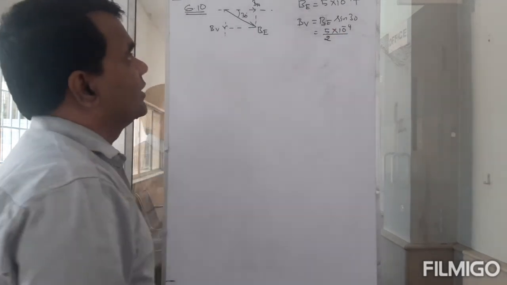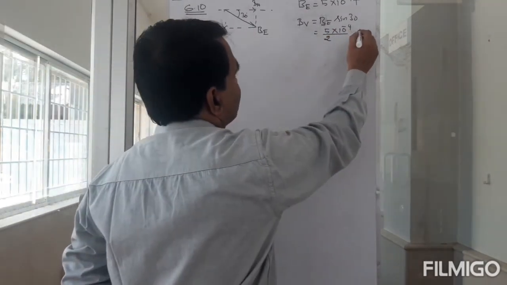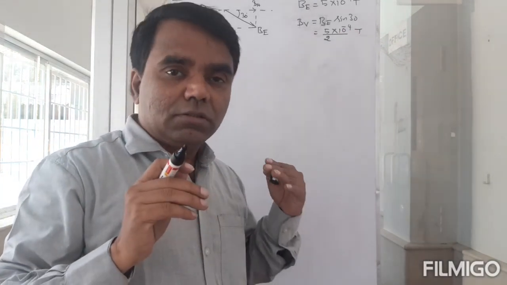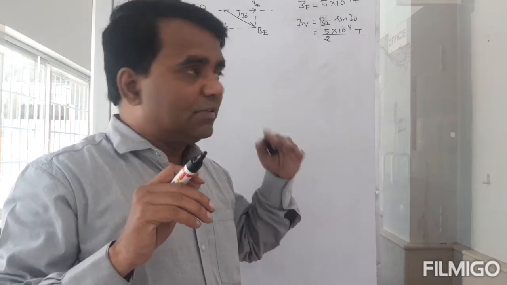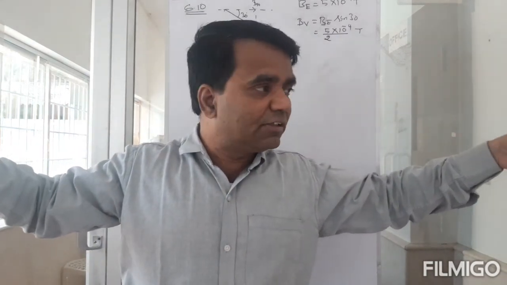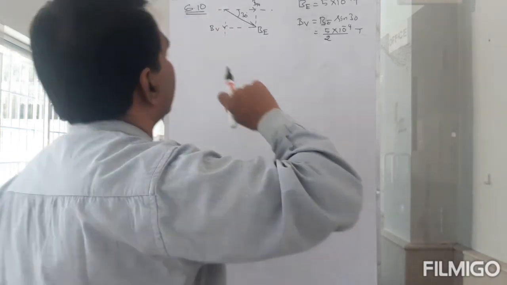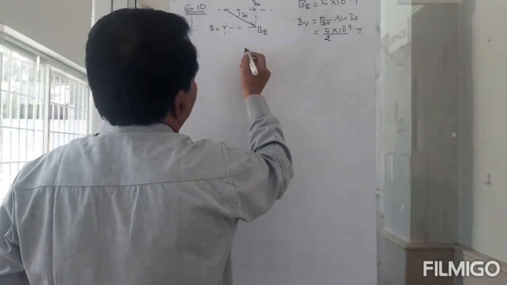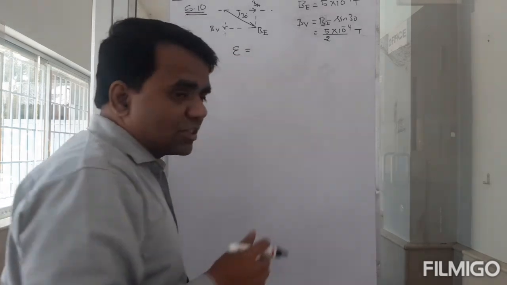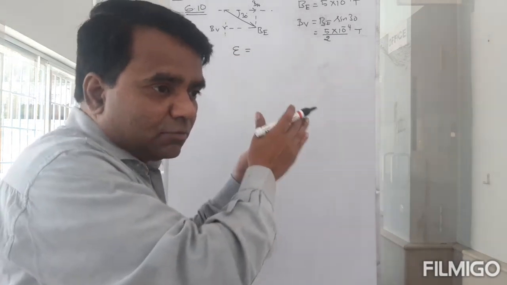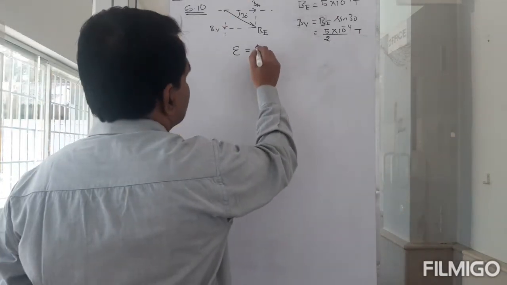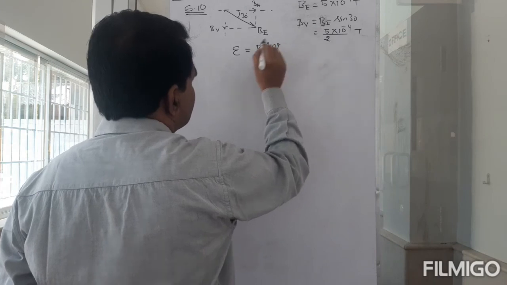Okay, so that's my B just now, and this will be responsible for the potential difference between the two ends of the wings. So what am I going to do? My E, the induced EMF, we know when a conductor moves in a constant magnetic field, is given by B, L into V.